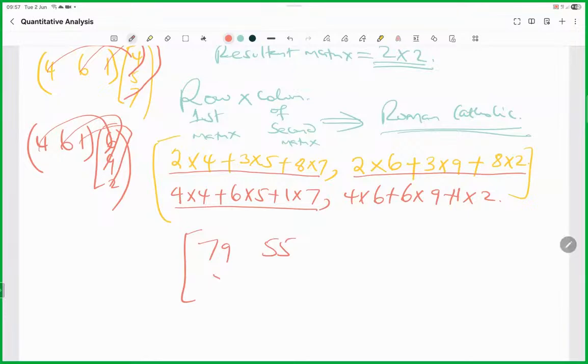The 3. And lastly, we have 8. You can see these are 2 by 2. We said the resultant one will be a 2 by 2 matrix.